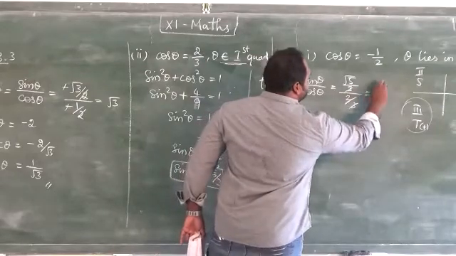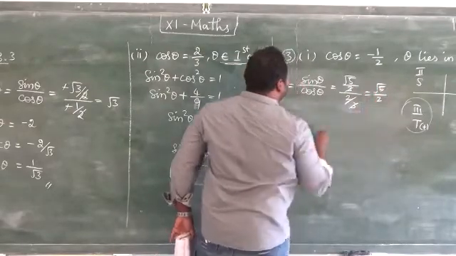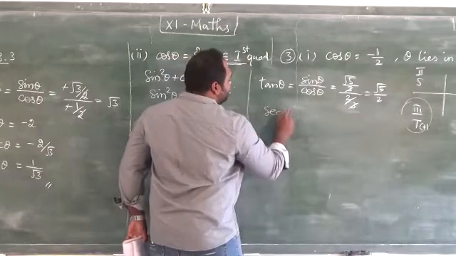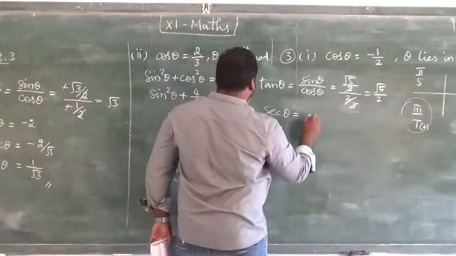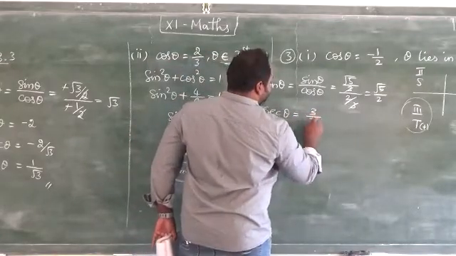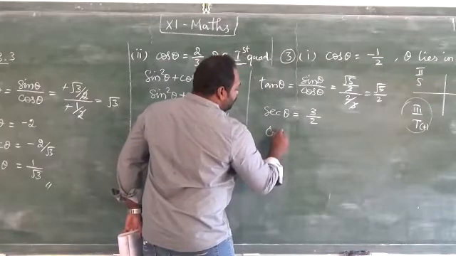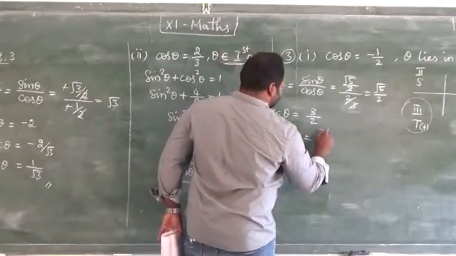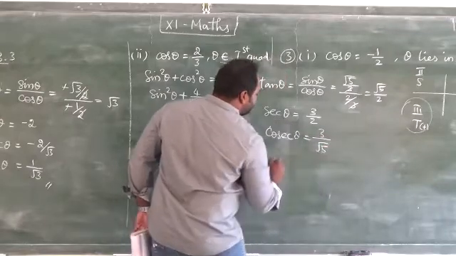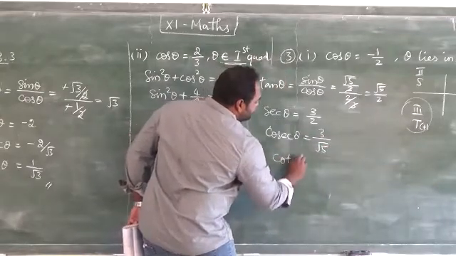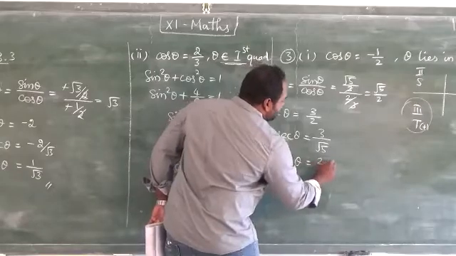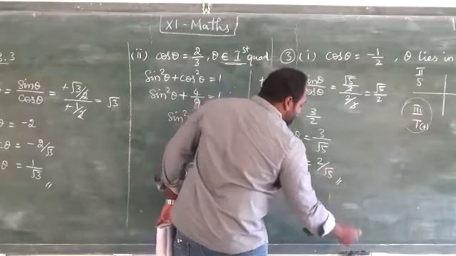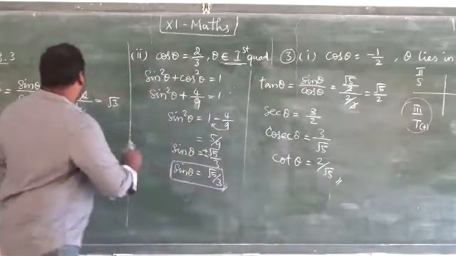If I cancel, it is root 5 by 2. Next, secant theta is the reciprocal of cos theta, which is 3 by 2. Cosecant theta, the reciprocal of sin theta, is 3 by root 5. Cot theta is the reciprocal of tan theta, 2 by root 5. So subdivision number 2 is over.